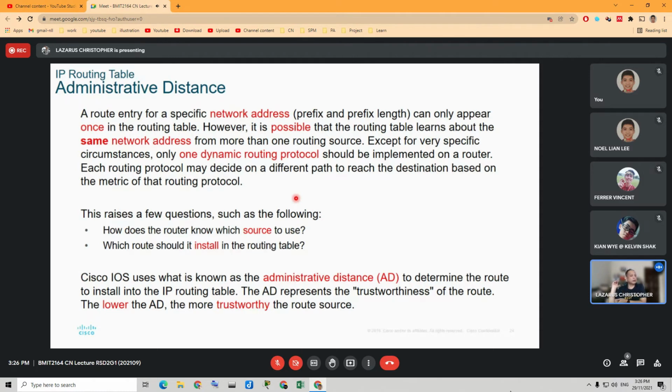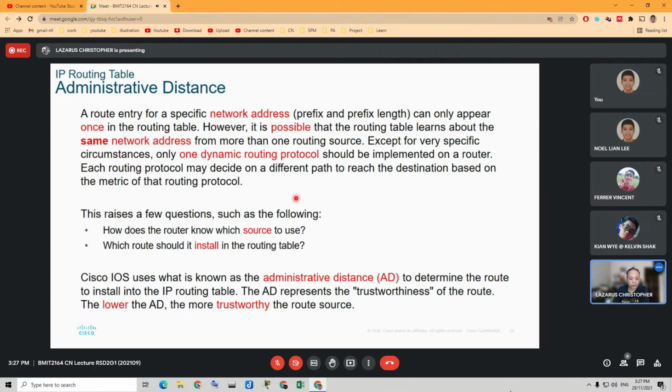If not, having more protocols means more processing done, which takes more of your router CPU. You try to minimize the workload of your router.